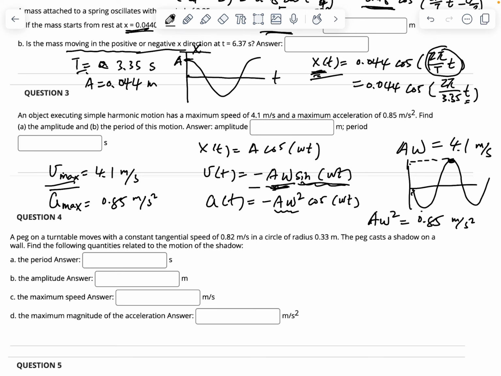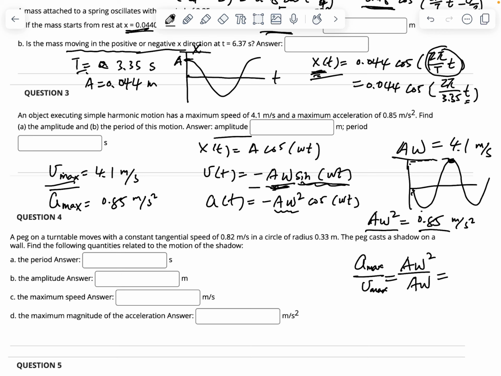Then they ask you the amplitude and the period. You see A omega equals 4.1, A omega squared equals 0.85. Then A omega squared over A omega is basically the maximum acceleration divided by the maximum speed. Let me think.